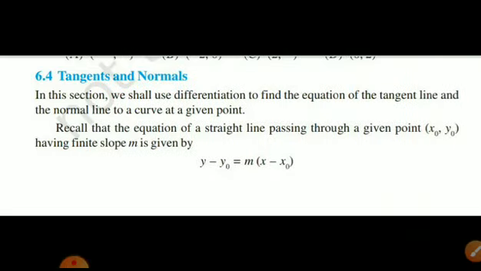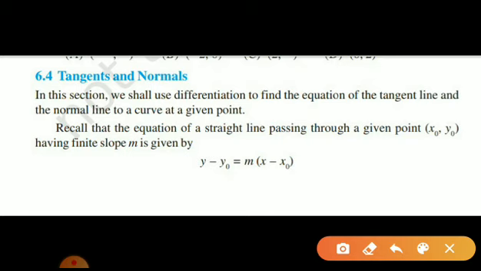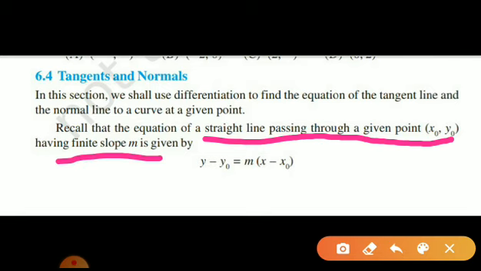Now see, here we use differentiation to find the equation of the tangent line and the normal line to a curve at a given point. So here we will be finding the equation of a tangent and the equation of the normal. The equation of a straight line passing through a given point x0, y0 having a finite slope m is given by the slope point form.